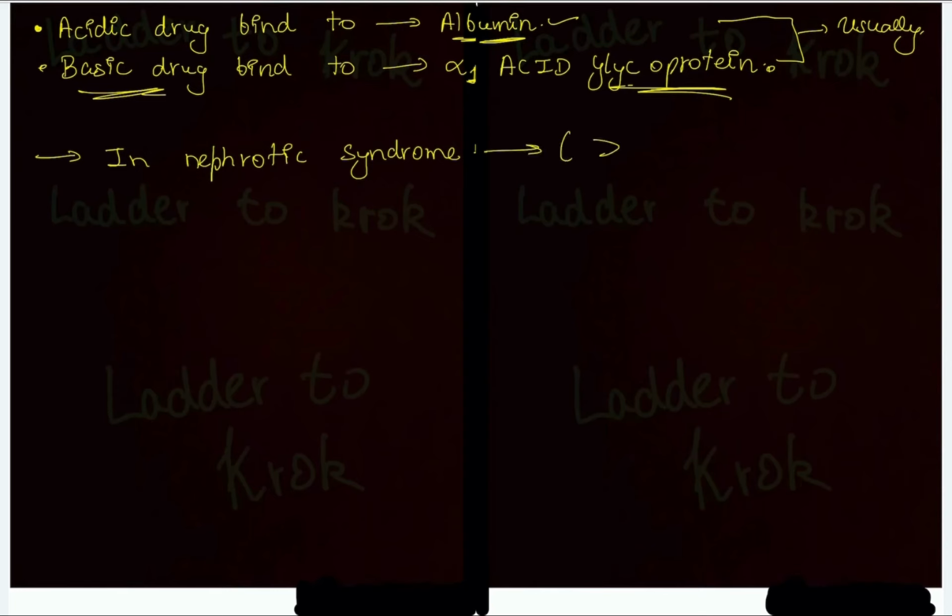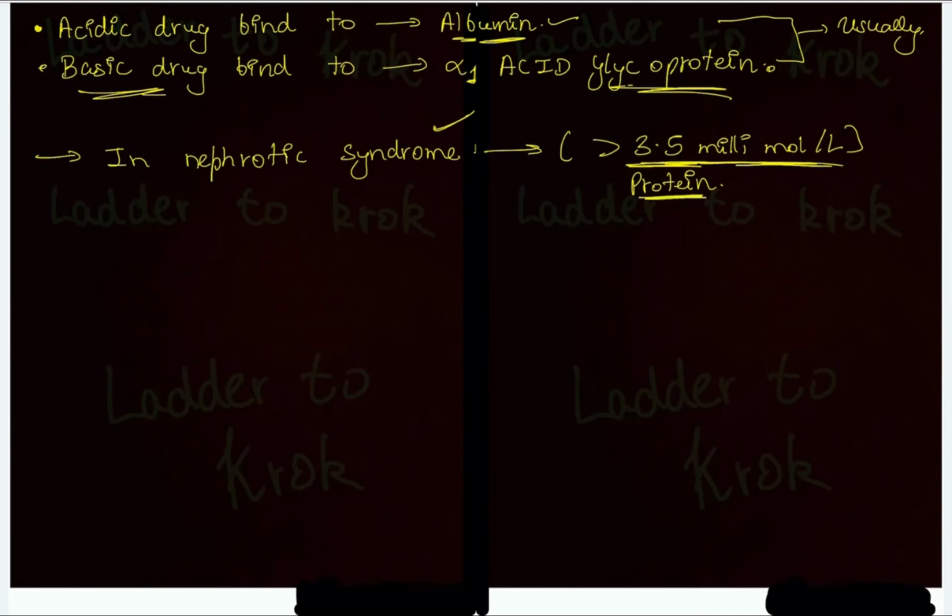In your urine, you will find more than 3.5 millimole per liter of protein. Whenever there is protein in the urine of a person and it is more than 3.5 millimole per liter, then it's nephrotic syndrome. You will discuss the difference between nephrotic and nephritic in pathology. I am just here to tell you about this.